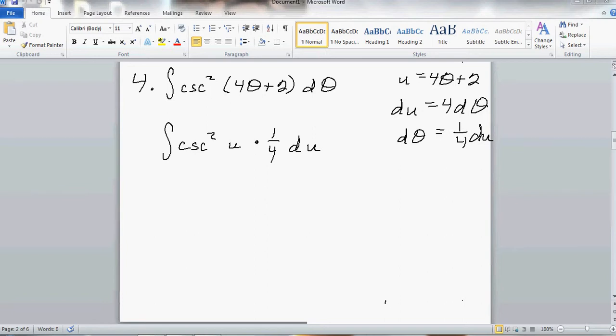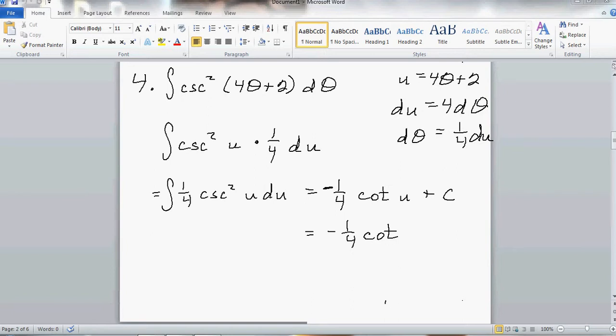But then cleaning this up, we get 1/4 of cosecant squared u du, which is equal to 1/4 when we actually take the antiderivative. That is negative cotangent of u plus c, and then all we have to do is resubstitute back in for u. Negative 1/4 cotangent of 4 theta plus 2 plus c.